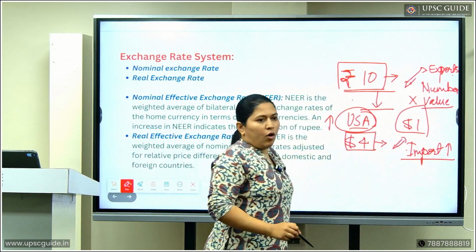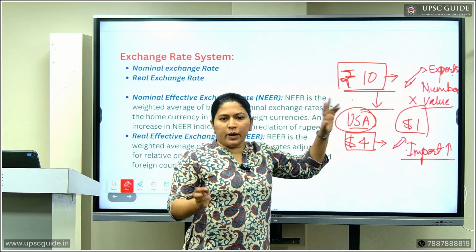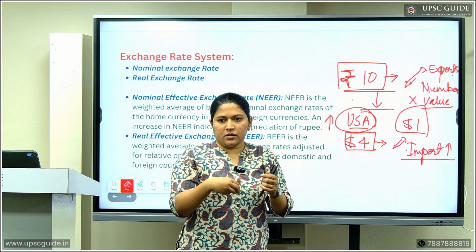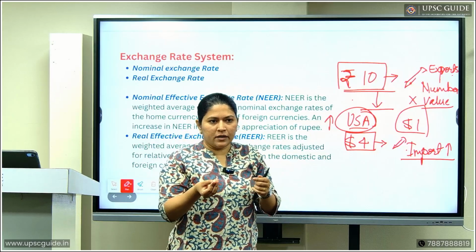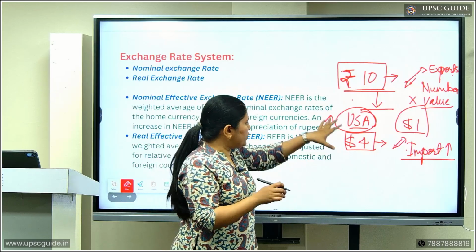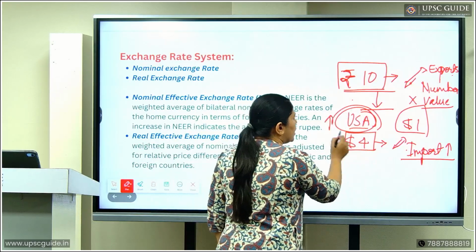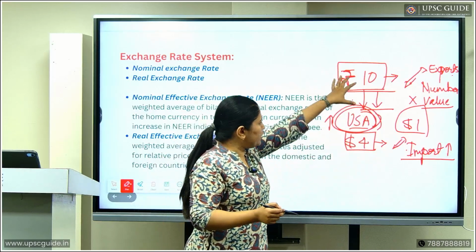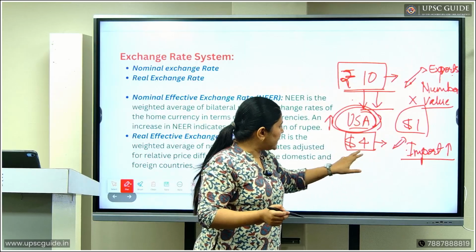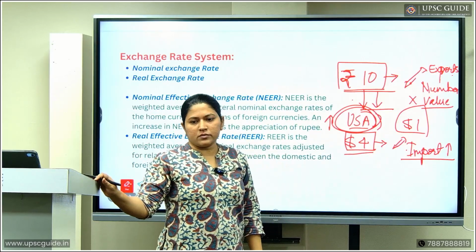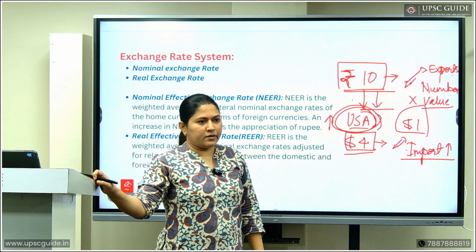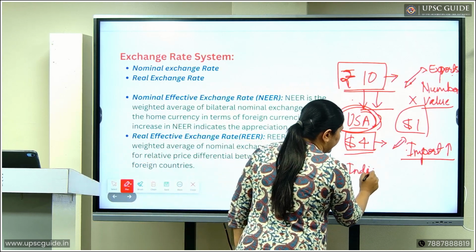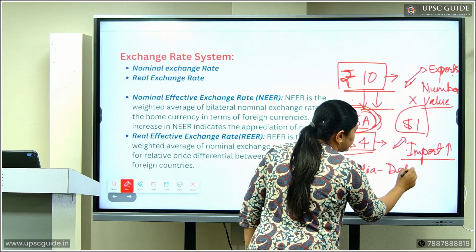Although we might be exporting bulk of pens to USA, what we are getting in return is a very small amount, versus what USA makes in business with these pens when they import. USA will import all these pens and sell them at $4 in their country, right? So here India will face the trade deficit.